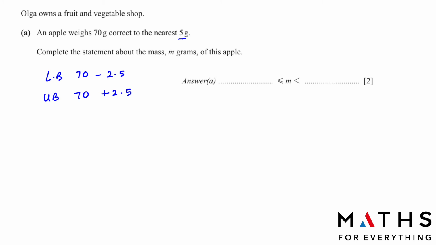This is very important. If it is rounded to 1, then you add 0.5 and subtract 0.5. If it is 5, please remember this. This will give us 67.5 and 72.5.